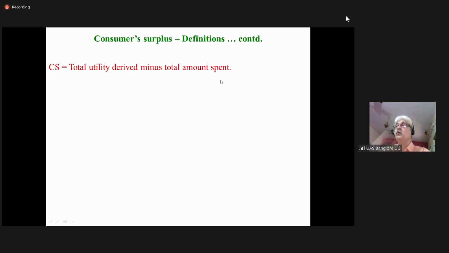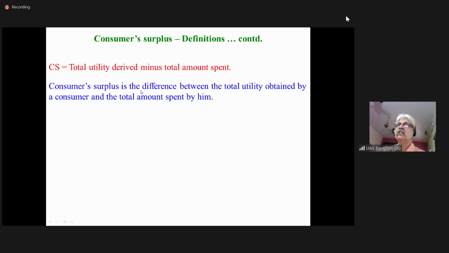The utility that you could get was 500, whereas you paid, that is the total amount spent, was 400. So it is the difference between total utility derived and the total amount spent. Total utility minus total amount spent.